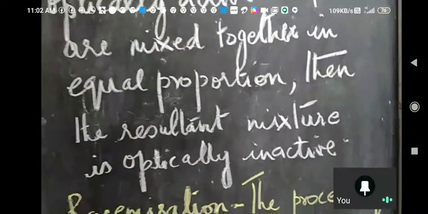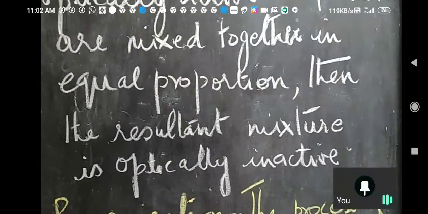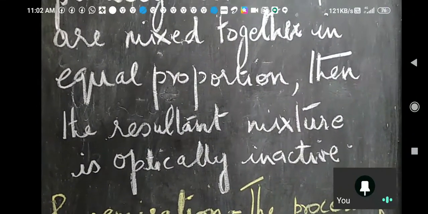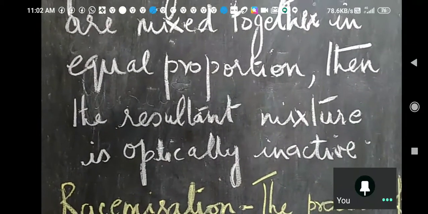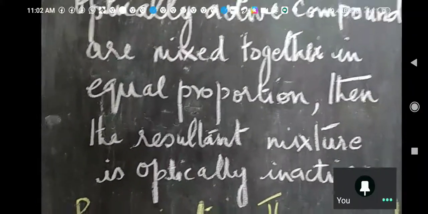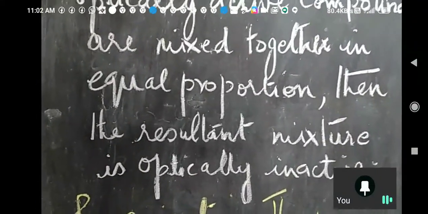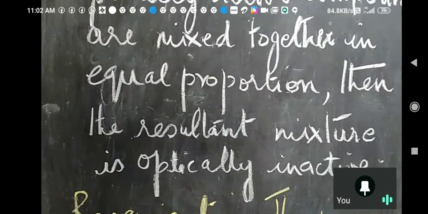The first example I had given you, in one molecule only you were having optical rotation in opposite direction. But you have compounds, we have got D glucose and L glucose.